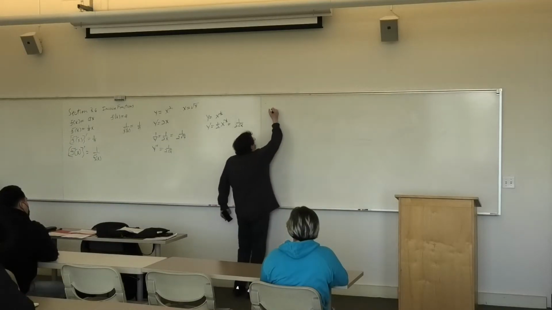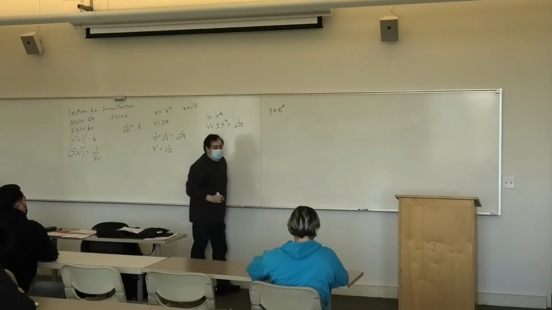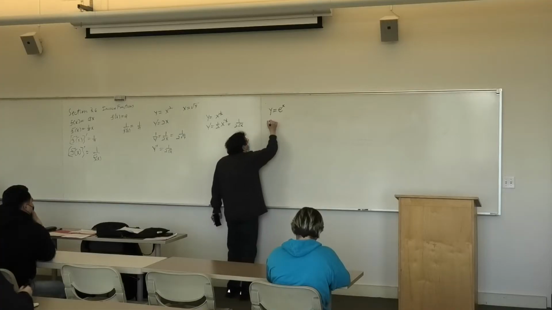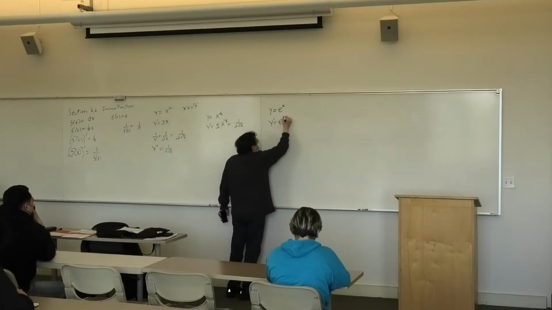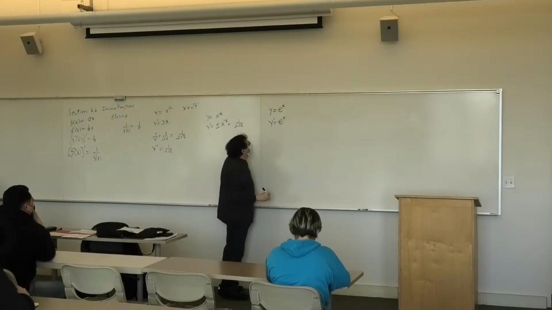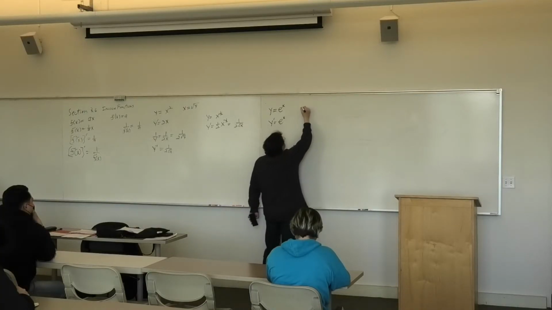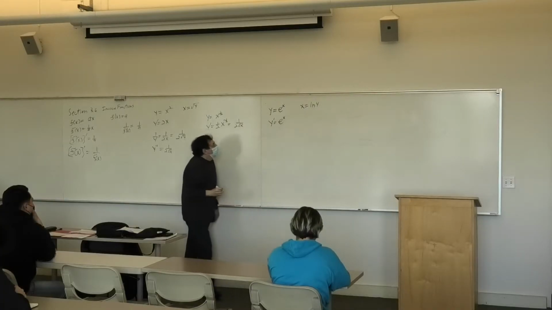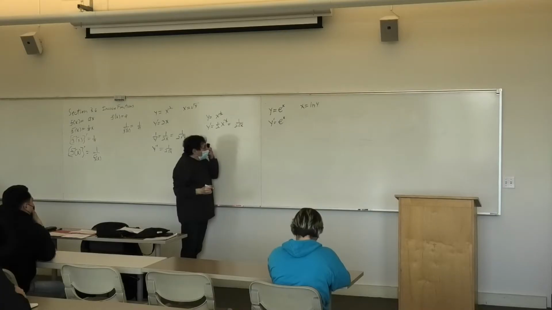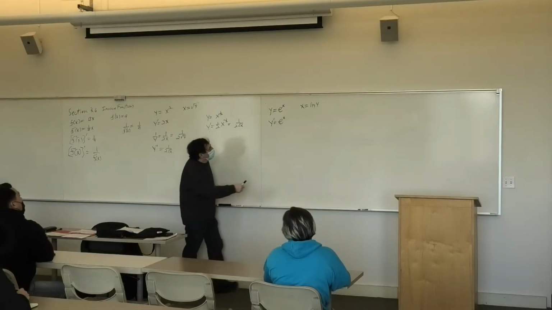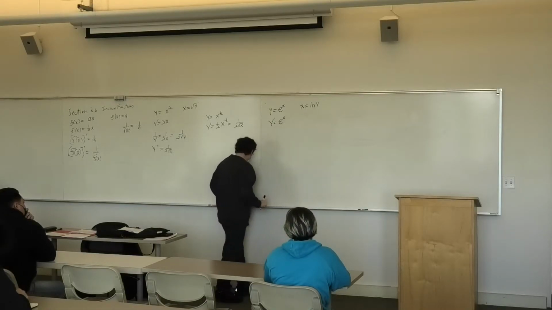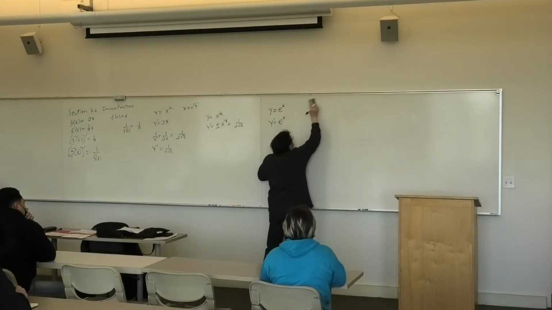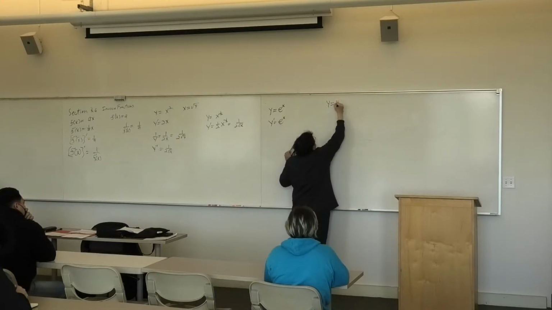The function we're going to start looking at is e to the x. And we know its derivative is e to the x. We know the inverse, and we want the derivative of this, well, I guess I should write this as y equals.